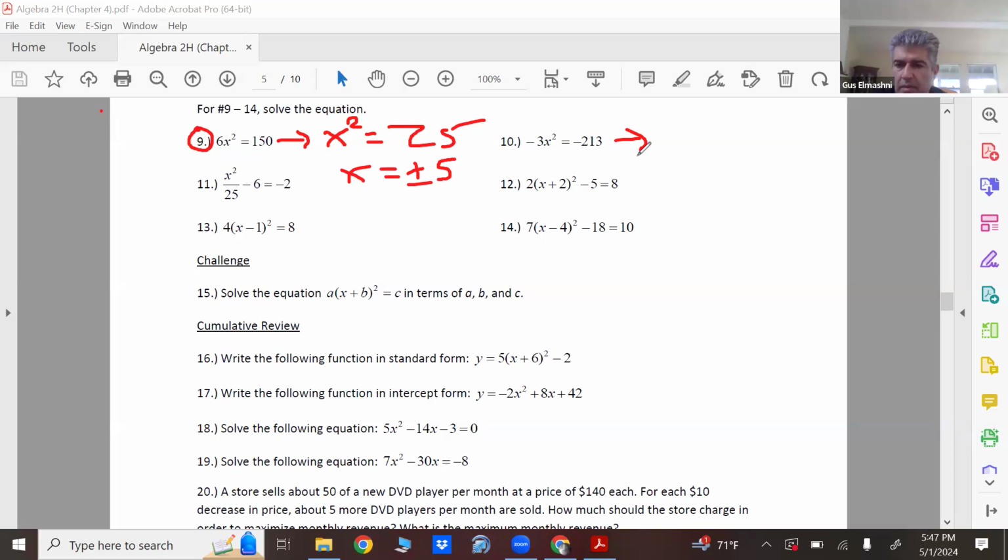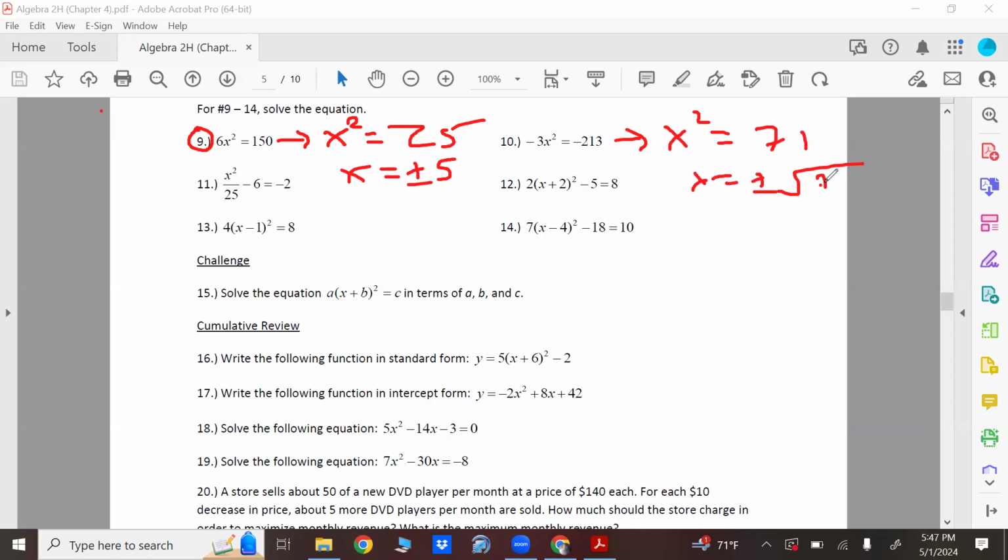Yeah, so you divide negative 213 by negative 3. What do you get when you divide that? You get 71. So x equals plus or minus root 71. Yeah. Right. Okay.